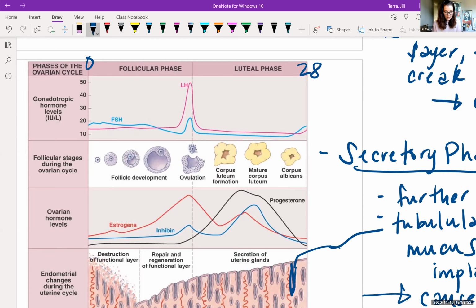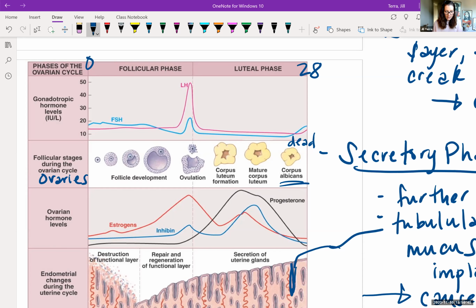Then we see what's happening in the ovaries: the development of those oocytes and follicles during the follicular phase, the ovulation, and then the formation of the corpus luteum, which will eventually turn into this white body that's dead.